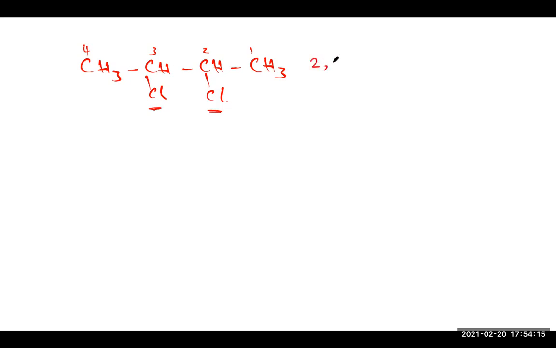So I will write 2 and 3, and we have 2 chlorine, so we need to write dichloro. And then the name of the chain: we have 4, so it will be but, and it's a single bond, so it will be butane. So it will be 2,3-dichlorobutane. Okay, you have this one, and this one also is a common one. It's a very repeated one.